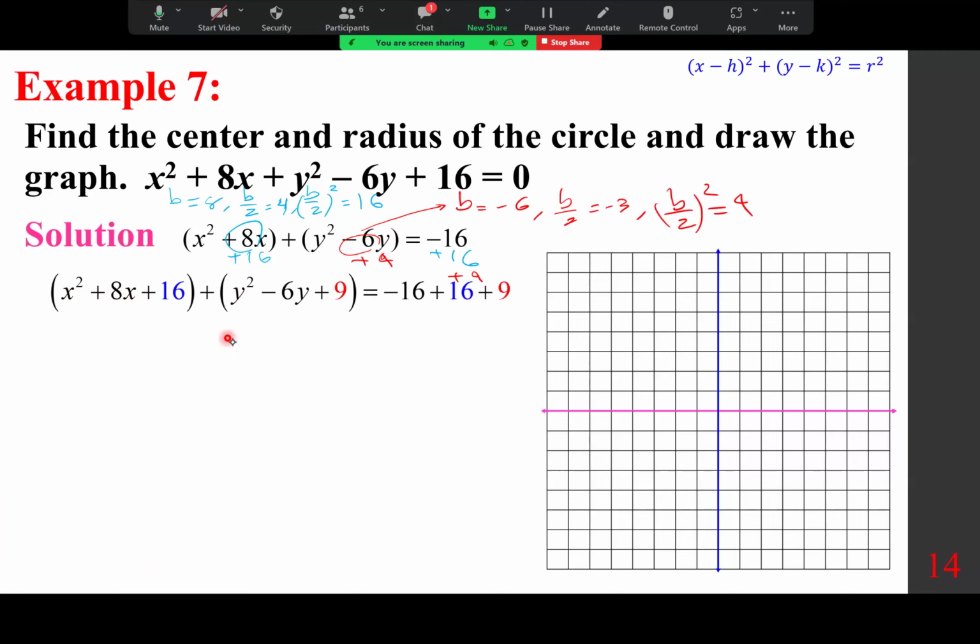This becomes y minus 3 squared. These two cancel each other. We end up with 9. So this is the equation of a circle in standard form. That's the first thing we should notice. So this is the equation in standard form, and that's extremely important to understand.